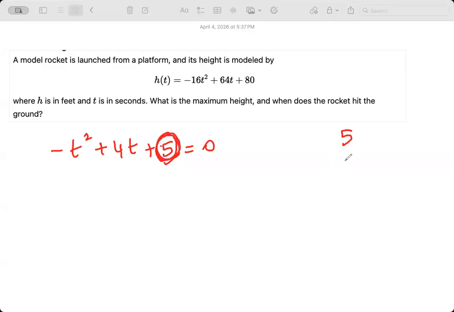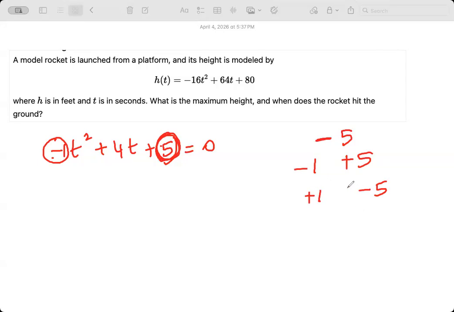You will find the factors of this. What are the factors of 5? 1 and 5, right? Or it can be minus 1 and minus 5. Make sense? Right? But again, you will find the factors of 5 times minus 1. You will find the factors of minus 5. So it can be minus 1 plus 5 or plus 1 minus 5.